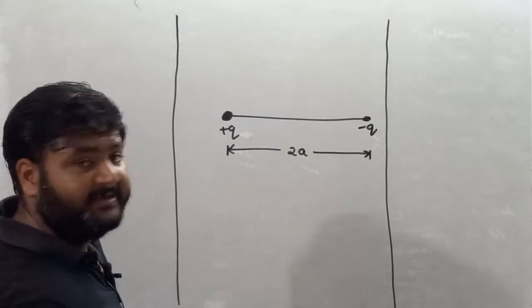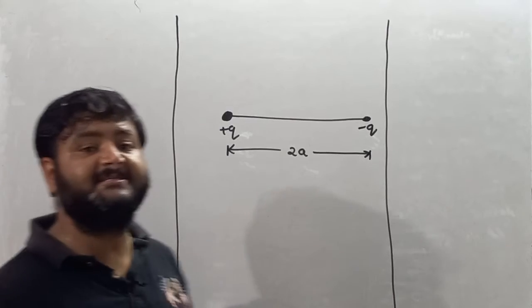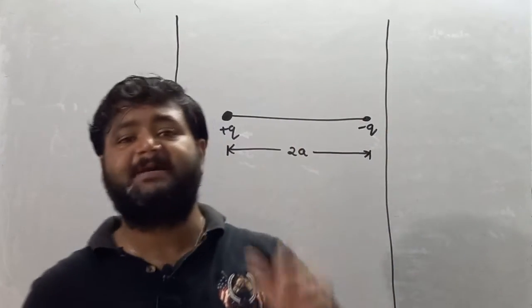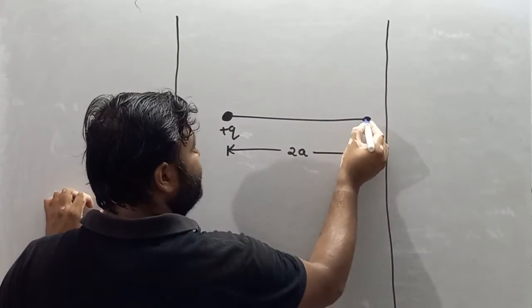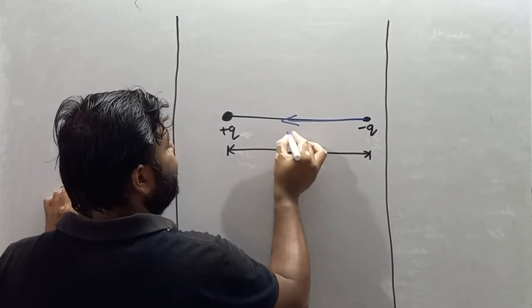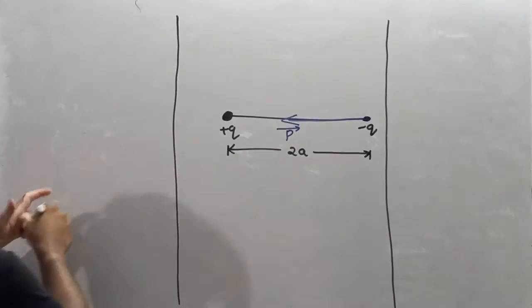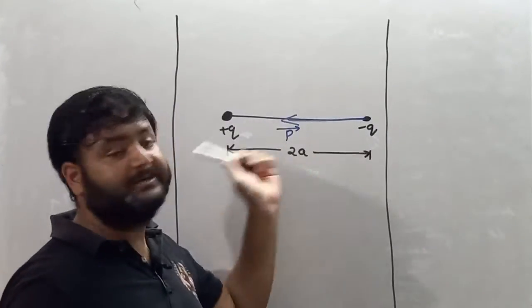Second thing, we know that this dipole system carries a dipole moment. It is the product of the magnitude of positive charge and the separation between the charges, and its direction is always from negative charge towards positive charge. Now for a dipole we have two kinds of axes on which we wish to find the electric field due to the dipole system.